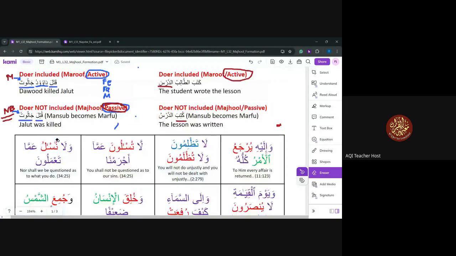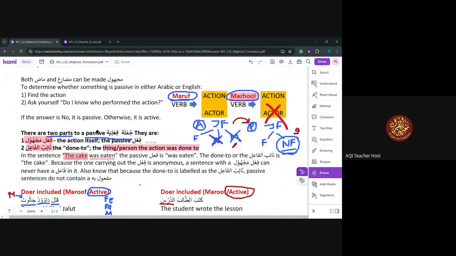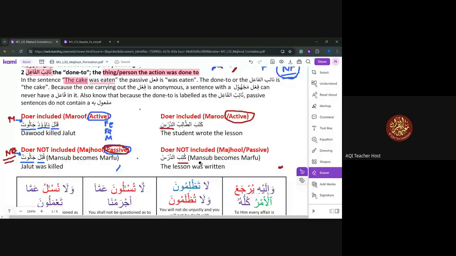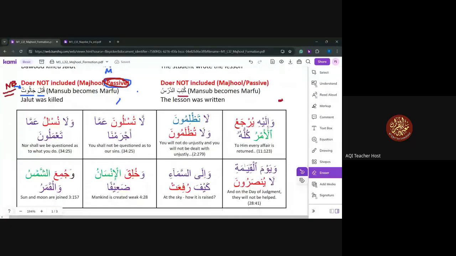Also remember the components of the passive Jumlatul Fi'liya sentence: it will have Fi'l Majhool, which is the passive verb, and the Nayebe fa'il that we did in the examples. Nothing more than that. If there's anything to add.